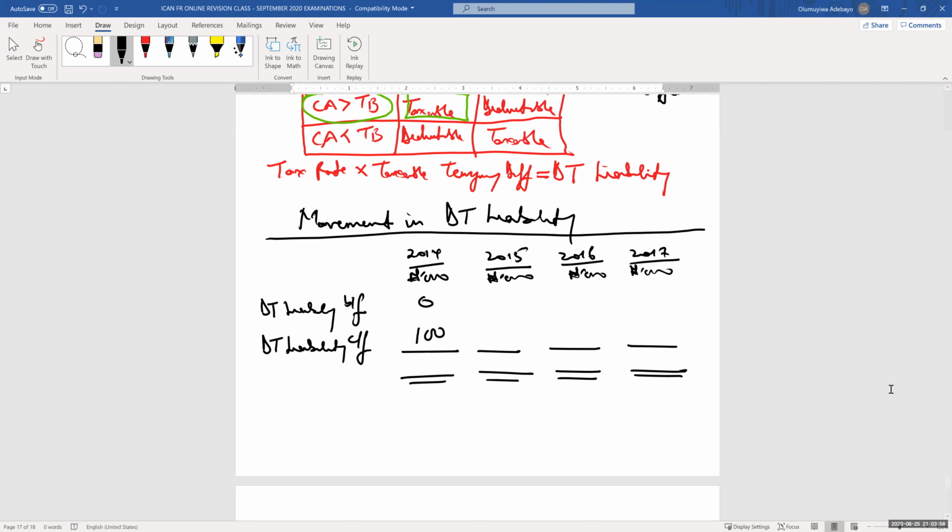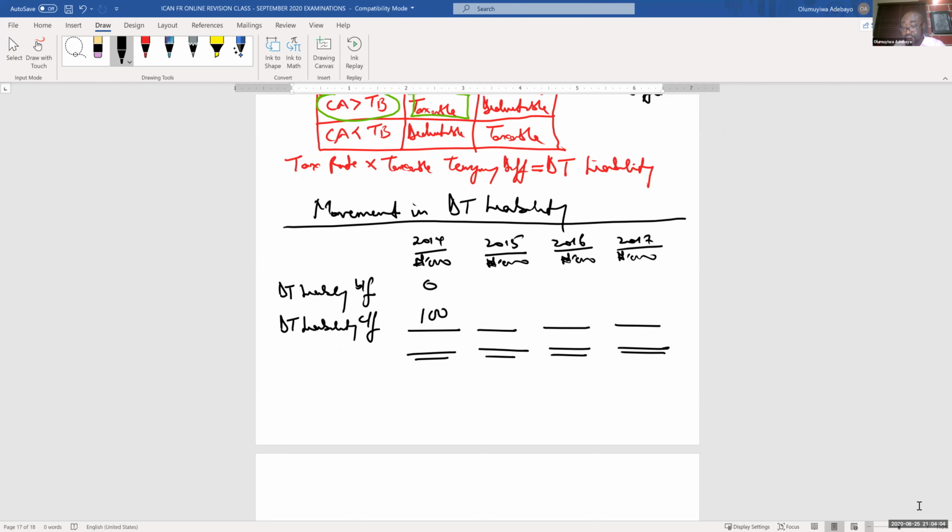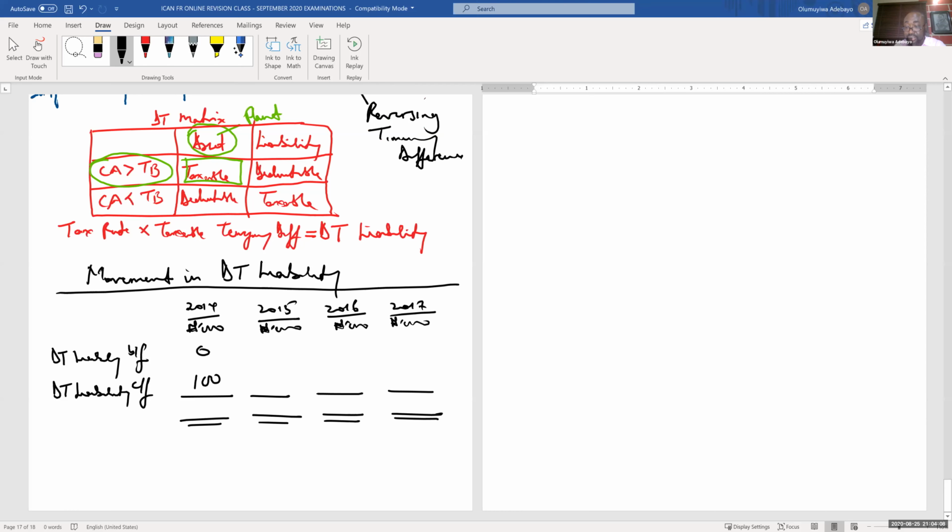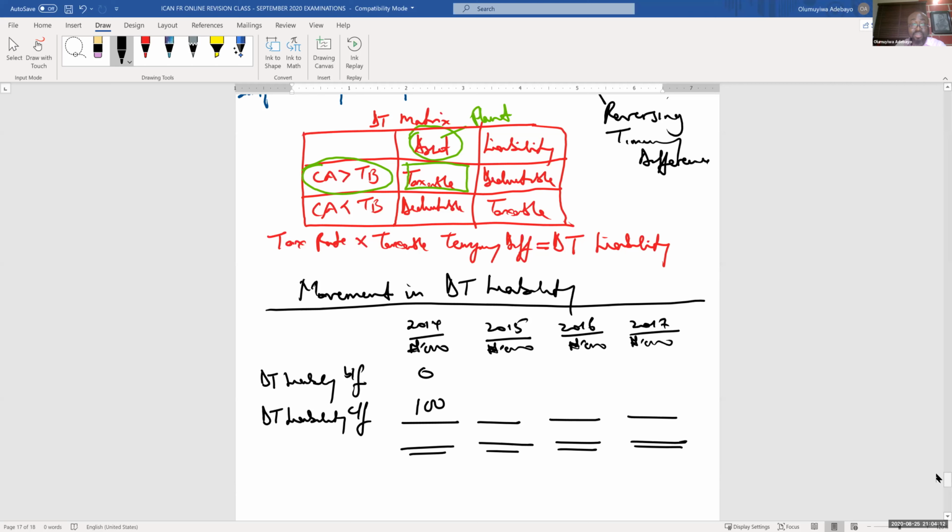Yes. Let me switch it up so that you can see it from what we did up here. Can you see it? It was 100.